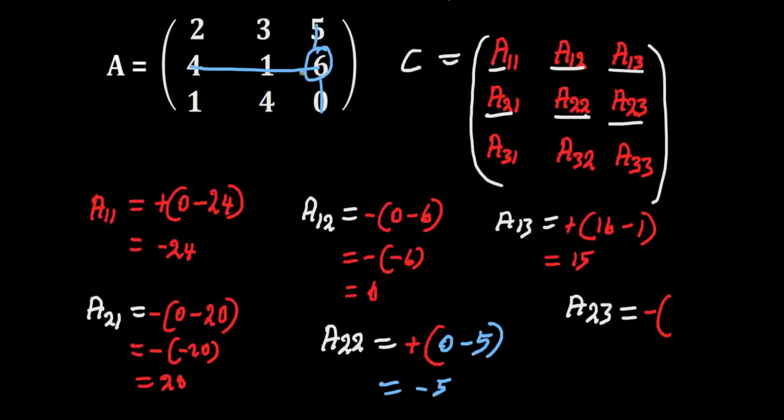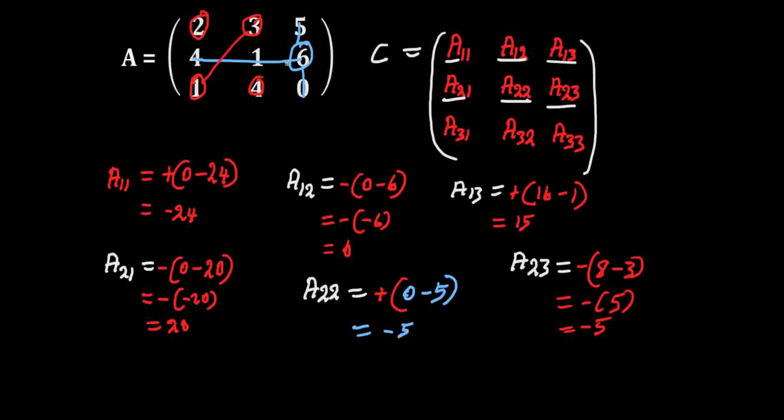Then use these two to multiply this 4. That would give us 8. So we have 8. And also use this 3 to multiply this. So 3 times 1 is 3. So minus 3. So this will be equals to negative 8 minus 3 is 5. And negative times positive 5 is negative 5. So that is it for this element. So the cofactor of the element 6 is negative 5.